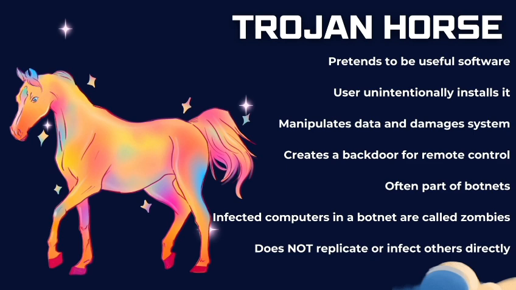Trojans are often used to create botnets. Botnets are the networks of infected computers known as zombies, all controlled by a central attacker. Unlike viruses or worms, Trojans do not replicate or spread on their own.